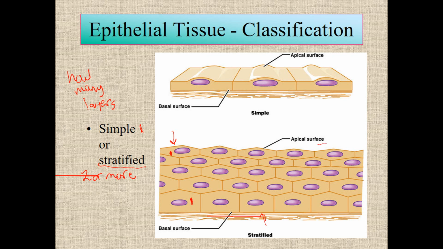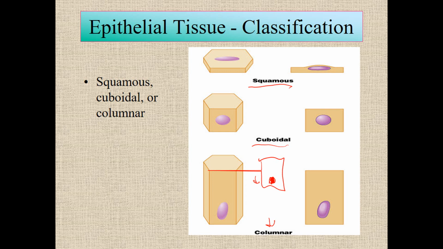We always go based on how the cells look in that apical surface. So for a stratified epithelial tissue, the shape of the cell at the apical surface is what we use to complete the second part of that classification nomenclature. Okay? All right, and that is it for part one.